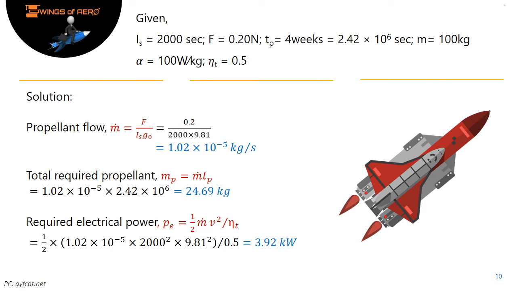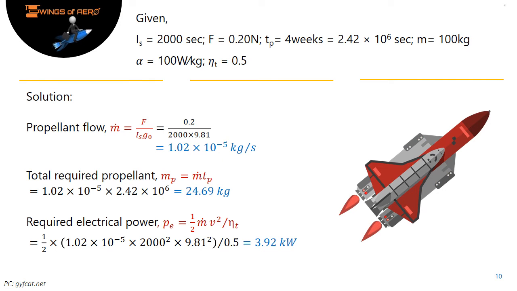Next, find the required electrical power. We know that thruster efficiency is defined as the ratio of thrust producing kinetic power of the exhaust beam to the total electrical power applied to the thruster.